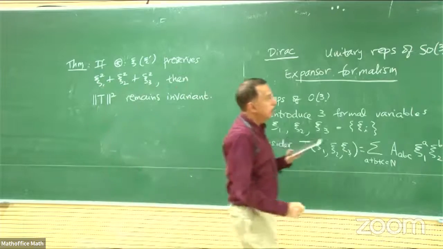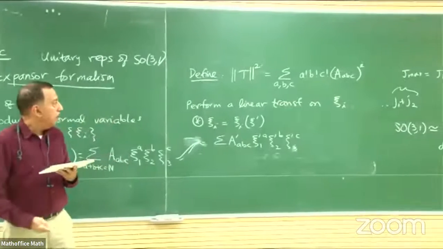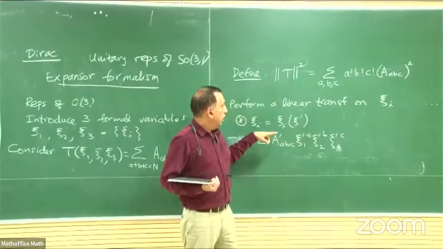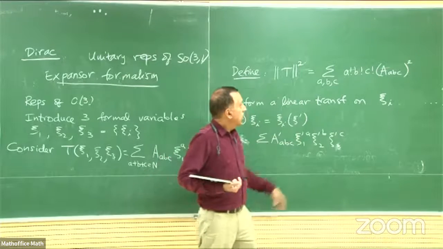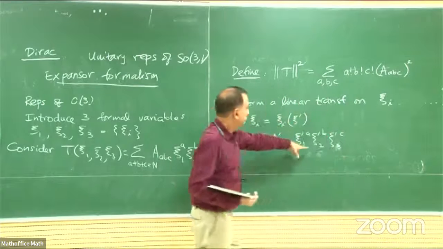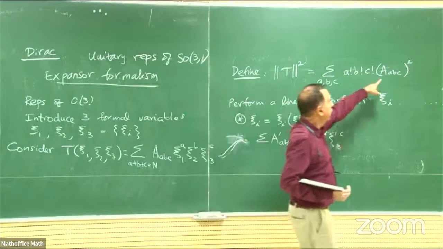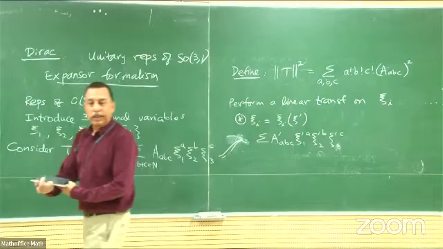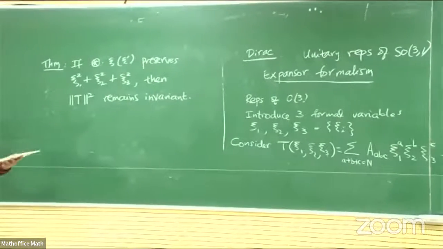Mod t squared is that thing up there. Okay. So the claim is that if the transformation psi to psi prime is a linear transformation preserving the quadratic form, then you do that linear transformation here, you compute A prime by that, then you put A prime here, and you just get the same sum. So t squared is preserved. So that's his main theorem of his paper.